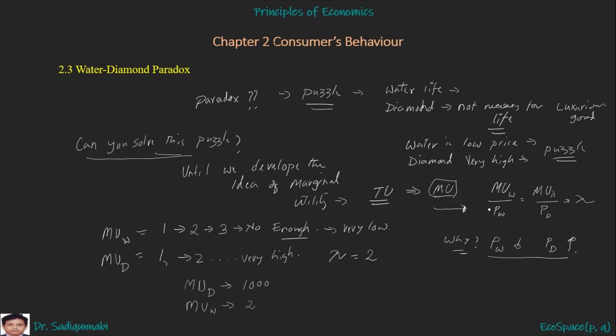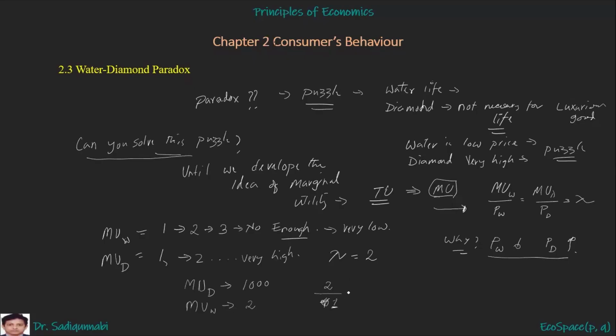Now you use this equation. 2 divided by price, so if lambda is 2, then price should be maybe 4, right? Sir, should be 1. Okay, right, thank you. Price should be 1. Thank you for the correction.